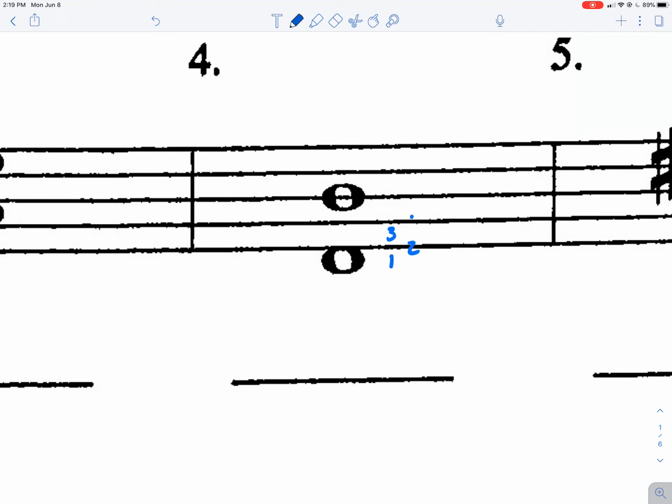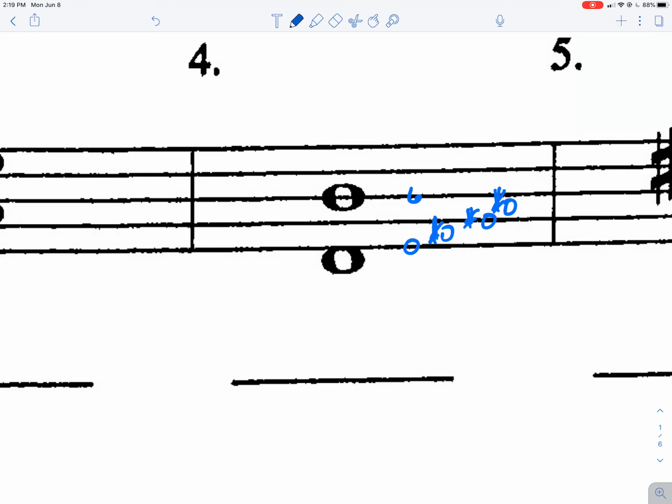Same process here, number 4. 1, 2, 3, 4, 5, 6. So we know that this interval is some kind of sixth. We'll do our whole steps and half steps, counting that. D to E is a whole step. E to F sharp is a whole step. F sharp to G sharp is a whole step.